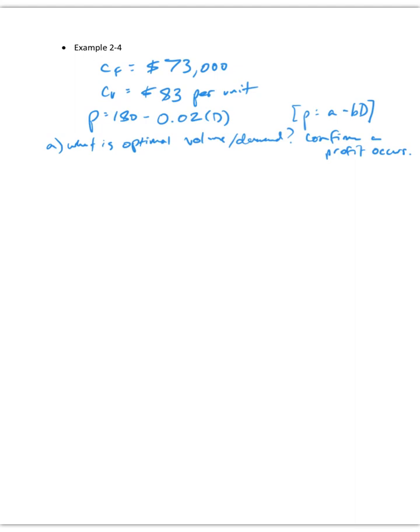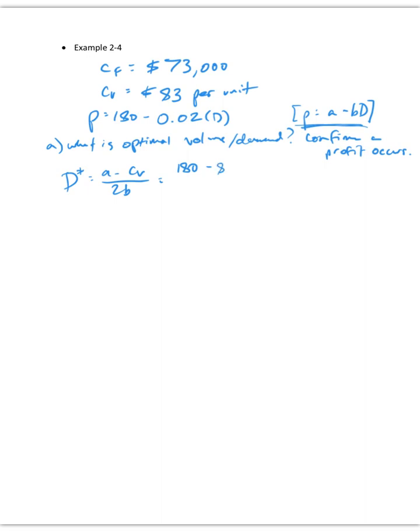So we've already figured out for the case where this price-demand relationship applies, that's scenario 1, that D star is equal to A minus CV over 2B. So what's A? Well, A is this 180 from the price-demand relationship.